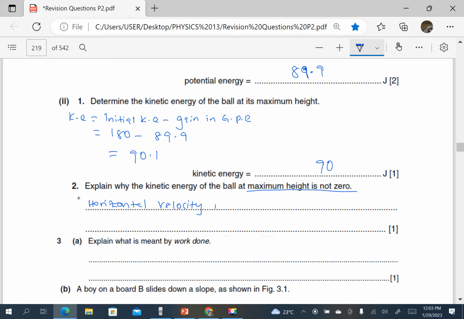It's only the vertical velocity that becomes zero.